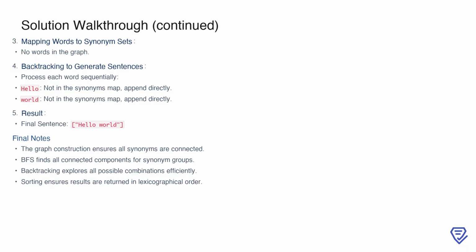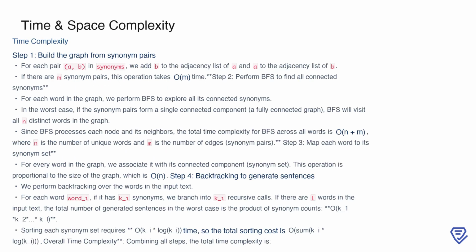This approach efficiently handles different scenarios, from sentences with multiple synonym groups to cases where no synonyms are present. The combination of graph construction, BFS for connected components, and recursive backtracking ensures both correctness and completeness in generating synonymous sentences.